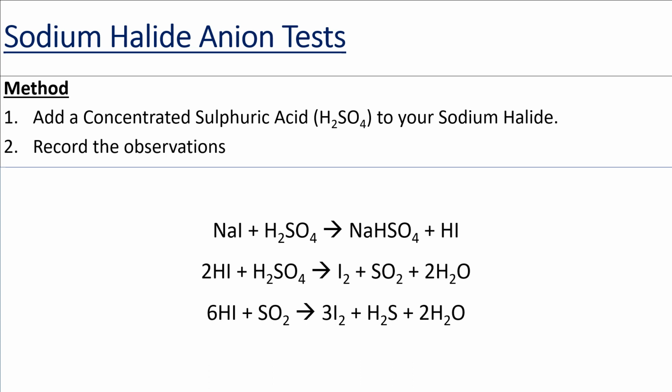But then the hydrogen iodide also reacts with the sulfur dioxide to produce elemental iodine, hydrogen sulfide and water, and it's that hydrogen sulfide which gives you that really bad rotten egg smell. So you can use the observations of these reactions to identify whether you have a sodium fluoride, chloride, bromide or iodide, and you need to be familiar with these observations and these reactions.